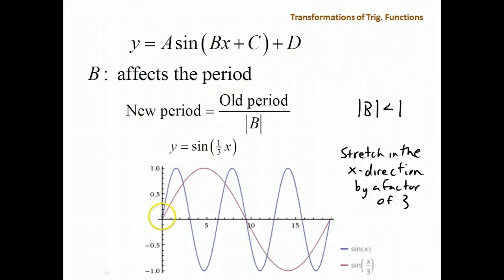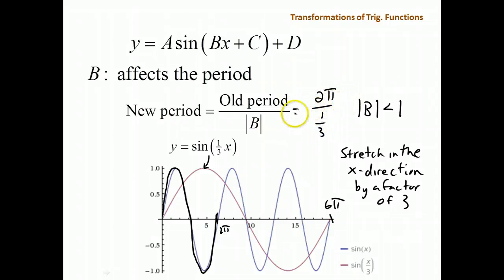So here's sine of x, one full period of it, right here at 2 pi. Now we've stretched it out, and for the sine of 1/3 x, we have one full period in the span of 6 pi. We take the 2 pi, we divide it by 1/3, that gives us a new period of 6 pi.